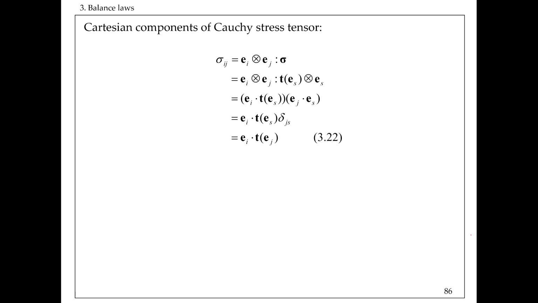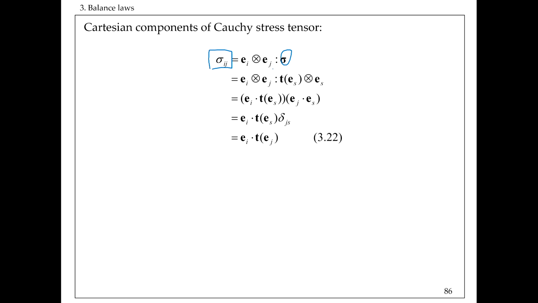Okay, so here is our typical exercise that we're going to do, right? We have a second order tensor sigma, and if we want to write the components of sigma, this sigma ij, these are scalars, so they're indices.